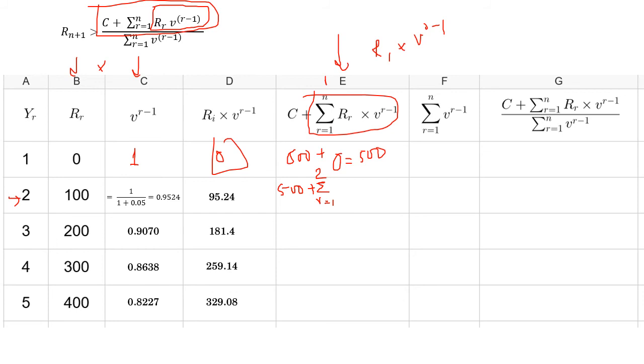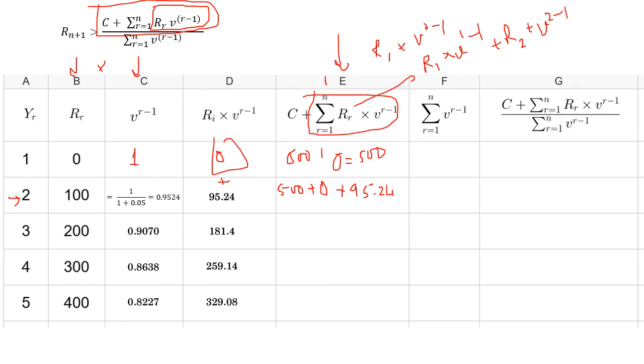The summation expands to r1 into v raised to 1 minus 1 plus r2 into v raised to 2 minus 1, since n is 2. So 0 for r equals 1, and 95.24 for r equals 2.